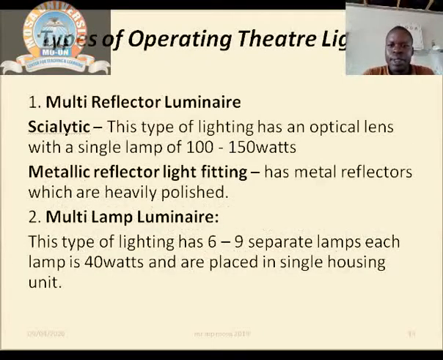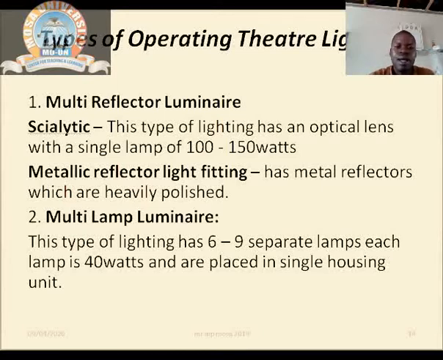Types of theater lighting. We have what we call mount reflector luminaire. Under mount reflector luminaire, we have 2 types of lighting. There's what we call cyclic. This type of lighting has an optical lens with a single lamp of 100 to 150 watts.